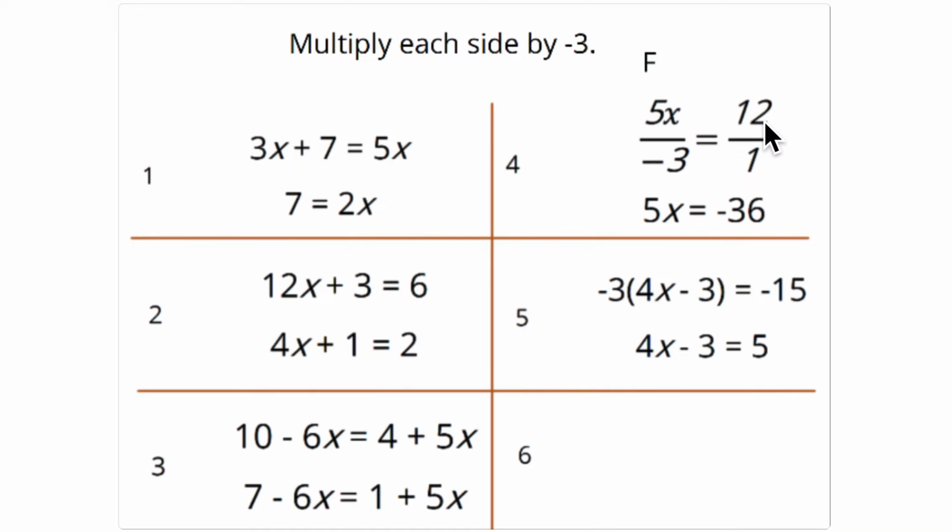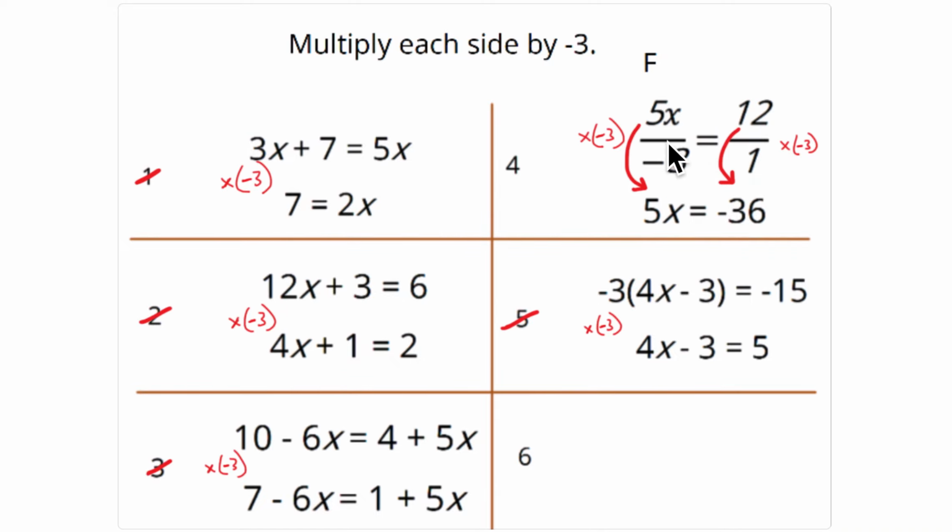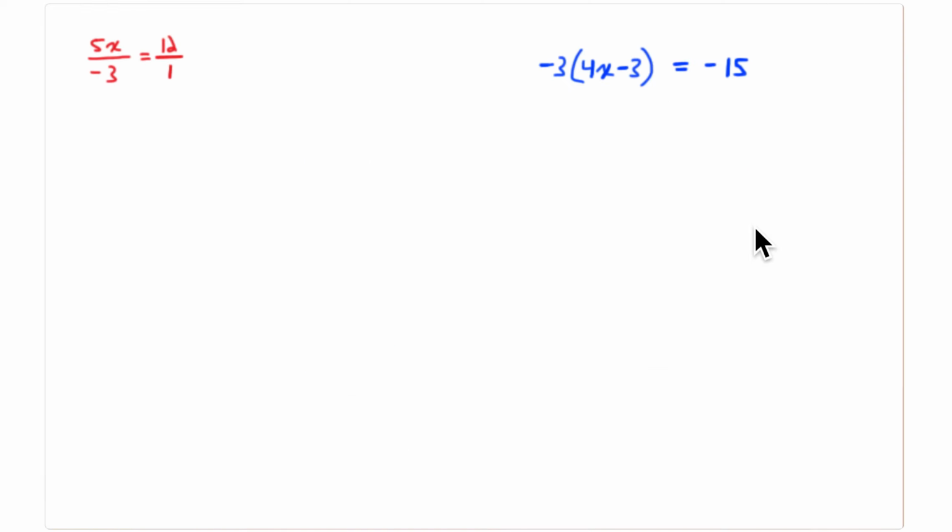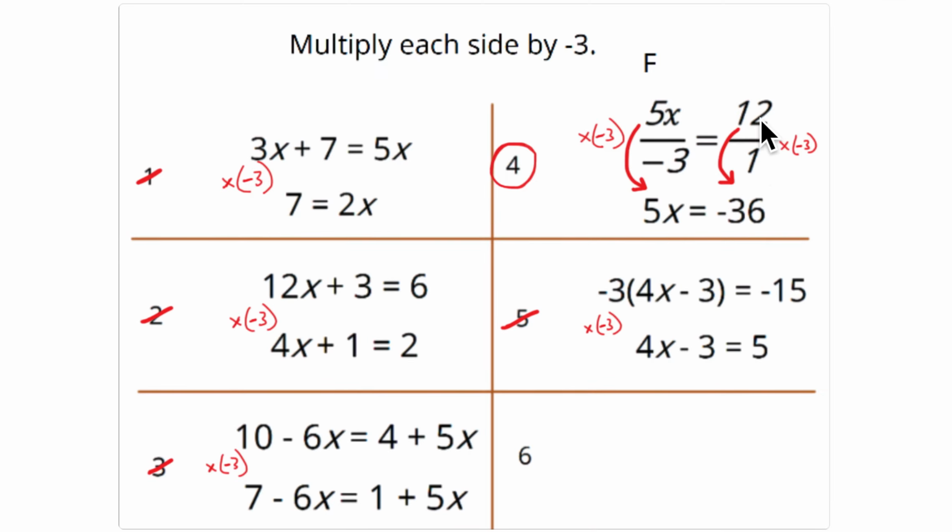And 12 times a -3 is in fact equal to -36. So this one works. A little bit hard to look at, but it does work. -3, this becomes 5x, and a -3 times 12 is -36. And that's it.